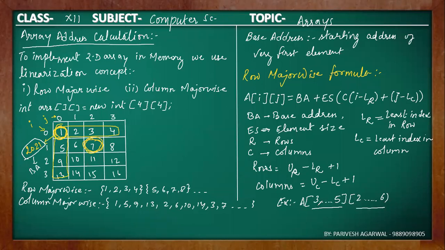So the first 3 is indicated as your least index in row, LR, and this is your UR. This is the value for column, that is LC, and this is for UC. So for these purposes, we use these different types of concepts.